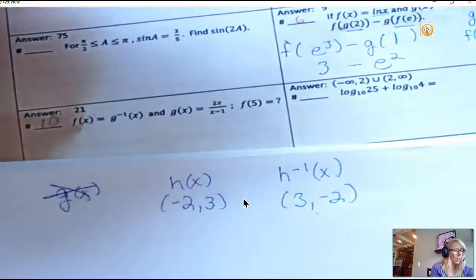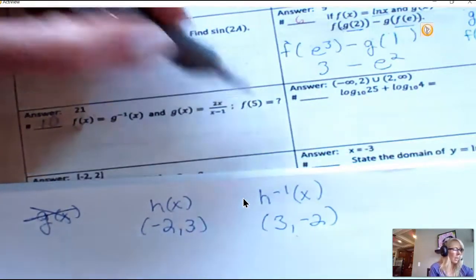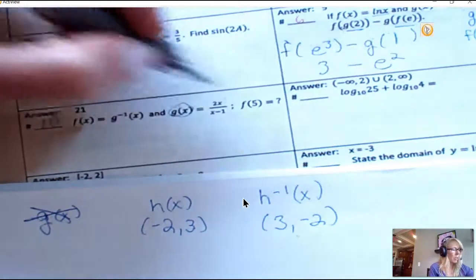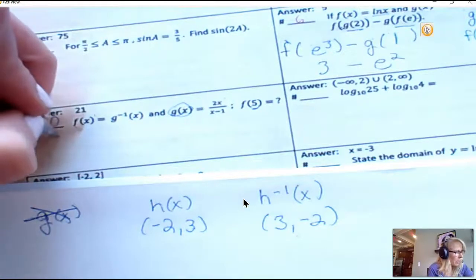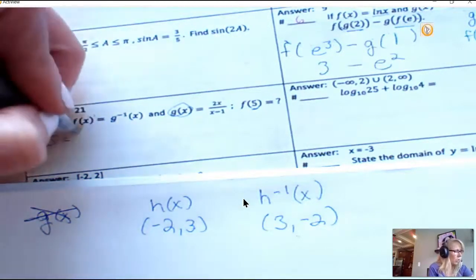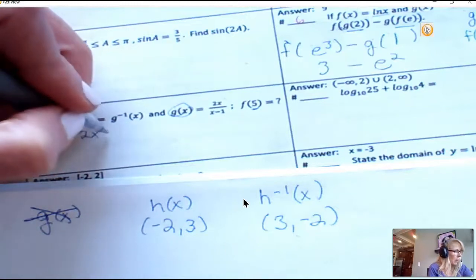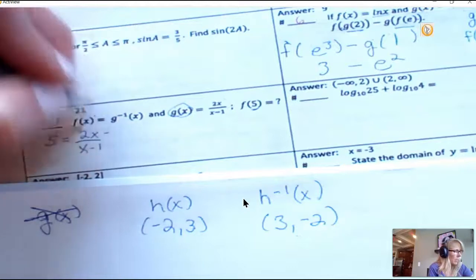So all I need to do over here, since f is the inverse of g, is replace g of x with the 5. So I'm going to replace it with 5, making that 5 equals 2x over x minus 1. I did not mean to put that there.